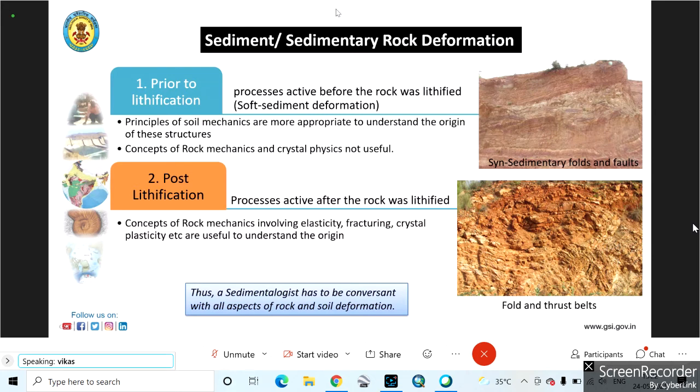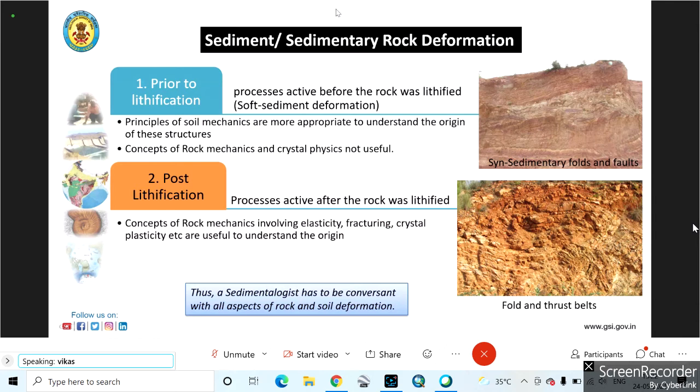Now, these structures, as I was discussing with you, and the topic of the presentation itself, are about how we are going to use them in the mapping aspect, that is sedimentary mapping. And obviously, mapping doesn't always mean that you are going to create a map only. Mapping also means that you need to understand its overall genesis and the fundamentals behind their origin.